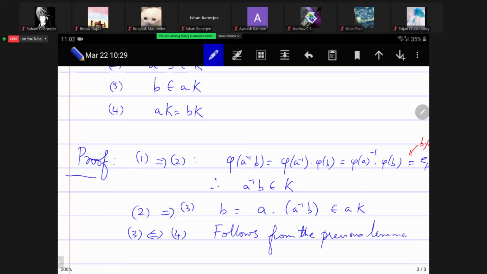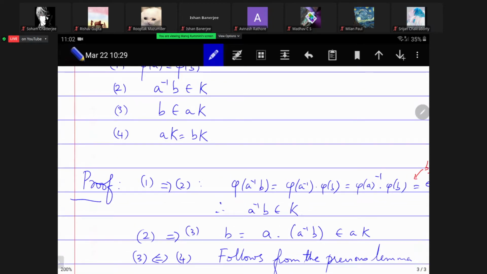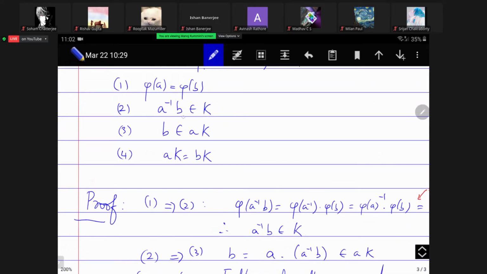And the remarks, etc. in the discussion in the proof of the previous lemma. So three if and only if four is what we just established today. The rest of it, except for notation, they are all things that we have done.